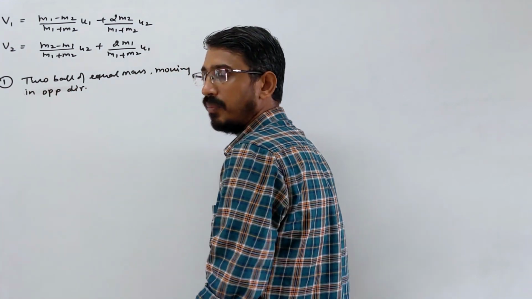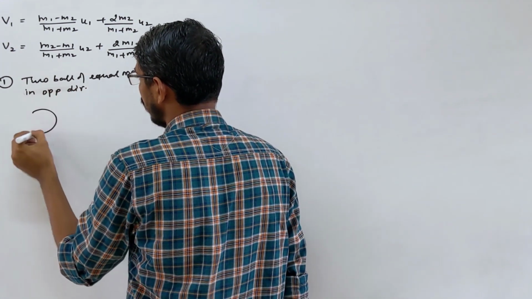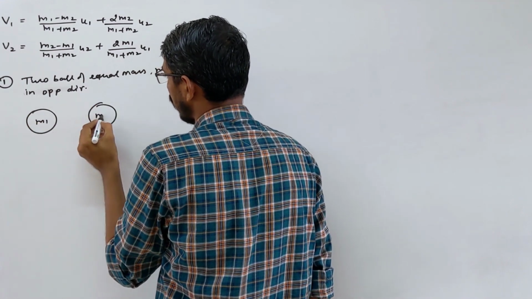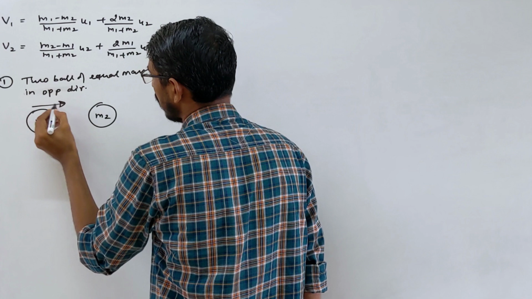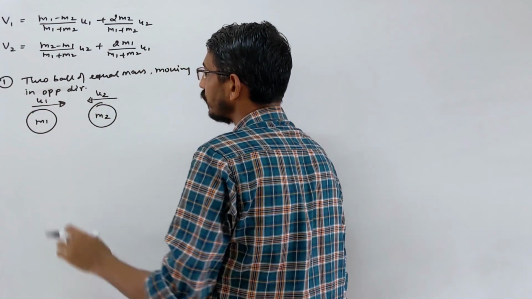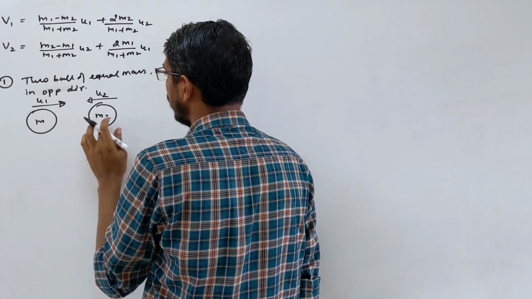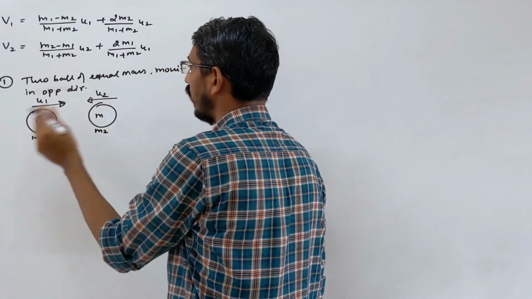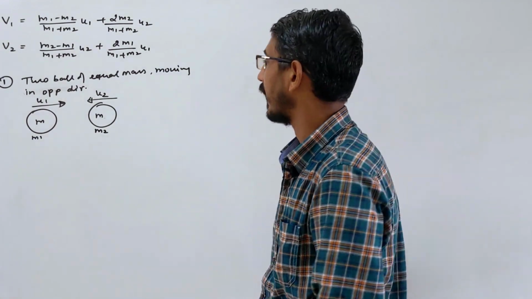I mean this is one ball and this is another ball, with masses m1 and m2. This ball is moving in this direction with velocity u1, and that ball is moving in that direction with velocity u2, and the masses are the same, both of mass m.